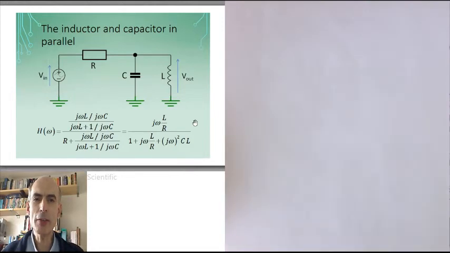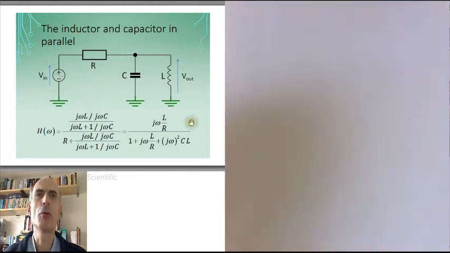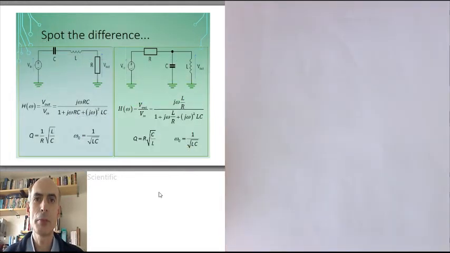So this is just going to give us a bandpass filter characteristic. But it's not quite the same characteristic as we saw before. If you compare them, you'll note that in both cases the term on the numerator is the same as the term in j omega in the denominator, and the resonant frequency is the same. It's 1 over the square root of LC in both cases. It's the frequency where the impedance of the capacitor and the impedance of the inductor cancel each other out.